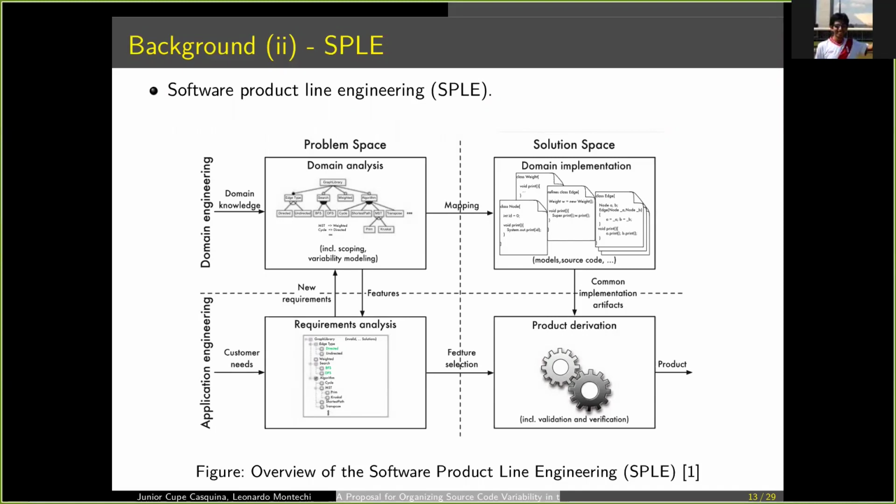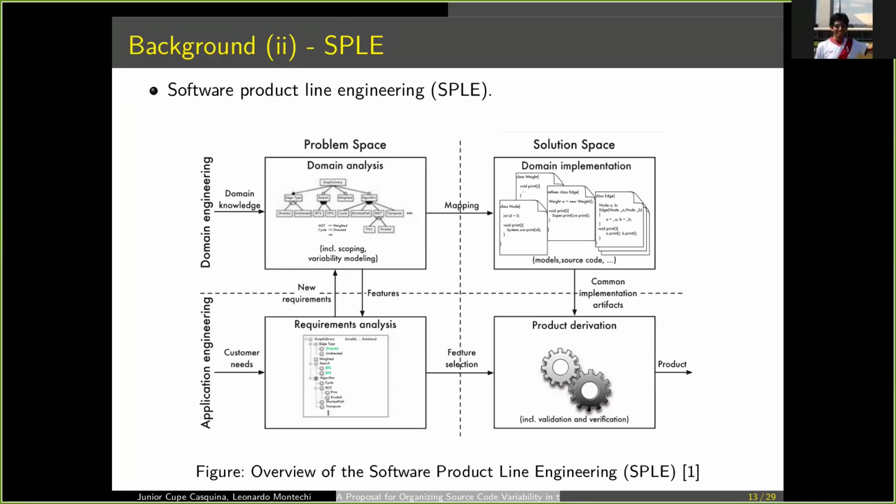In domain engineering, you define the variability model for the software product line, and you implement the domain implementation artifacts that you will use to generate the product in the application engineering process. In the application engineering process, we select the features that we want in a particular product, and then we use the domain implementation artifacts to generate the product that we wanted.